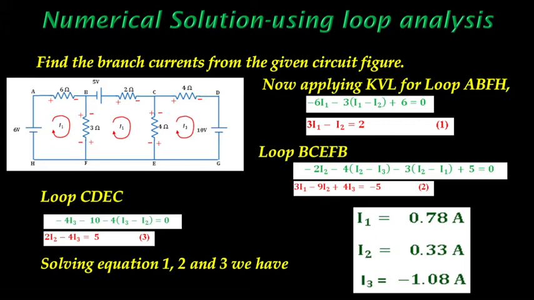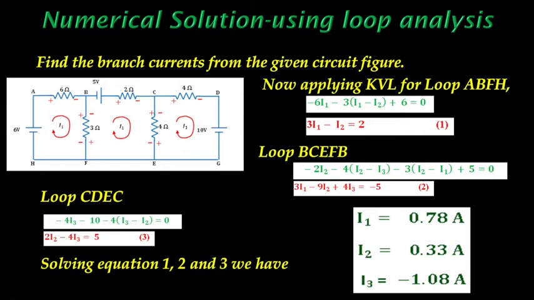And for the next loop C, D, G, E, C, the equation is minus 4I3 minus 10 minus 4 into I3 minus I2 equal to 0.